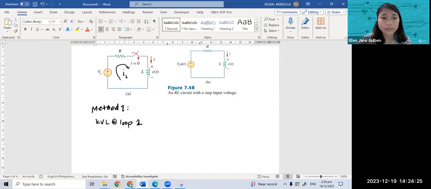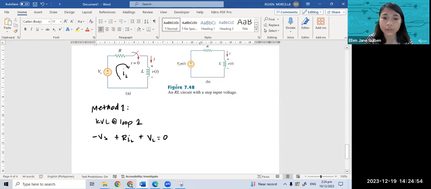Loop one: negative VS plus R IL, it's IL because it's in series, plus VL equals 0. With this calculation, we're going to solve for the inductor current because the inductor current is continuous for this kind of circuit.